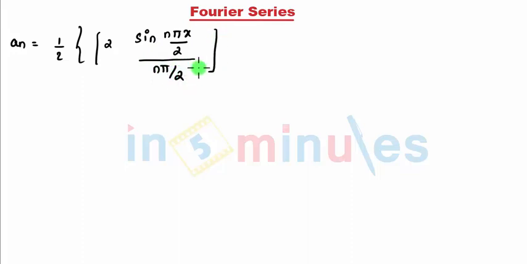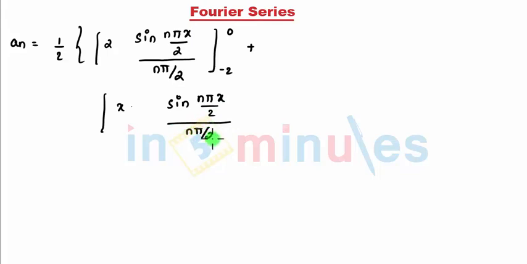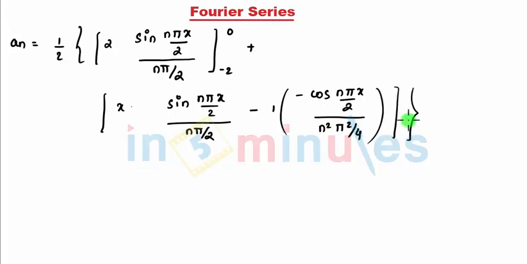So that's my first integration, which has the limits of -2 to 0, plus the second I can write as u into v, that is x into the integration of cos, again written as sine(n pi x divided by 2) whole divided by n pi by 2, and then minus 1, and again you can write as minus of cos(n pi x by 2) whole divided by n square pi square divided by 4, which has the limits of 0 to 2.